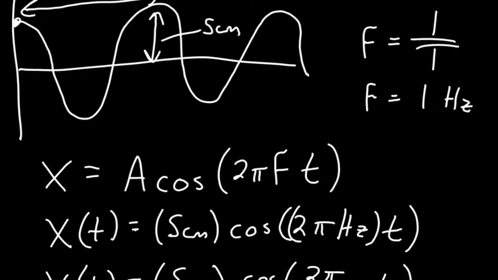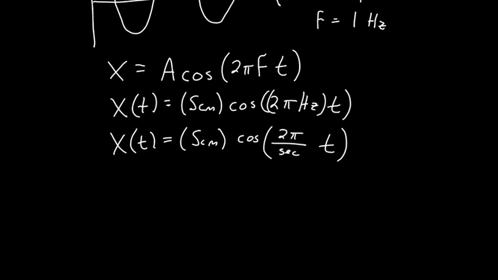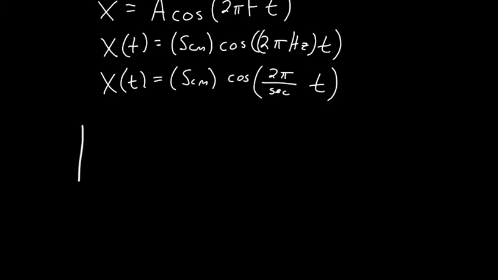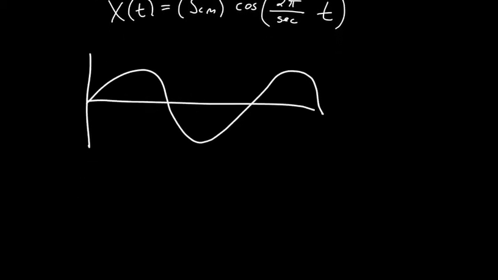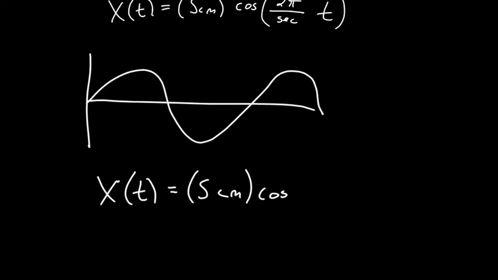If, for example, we started maybe something more like this, where we don't start at our maximum value, we can write out our equation as x of t is equal to 5 centimeters times the cosine of 2 pi times 1 over seconds times t, and then we can just add a term inside the parentheses that shifts this over.